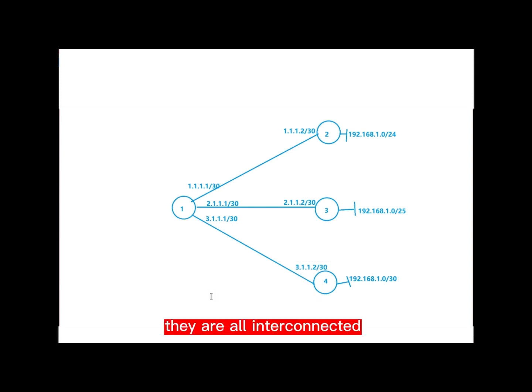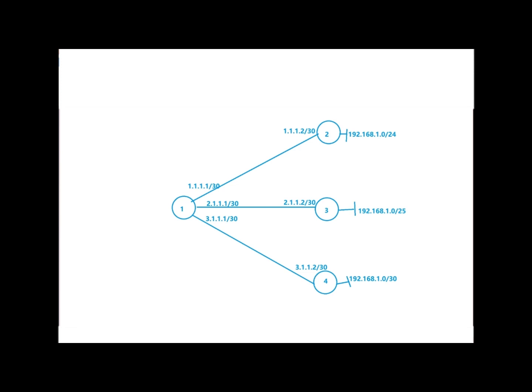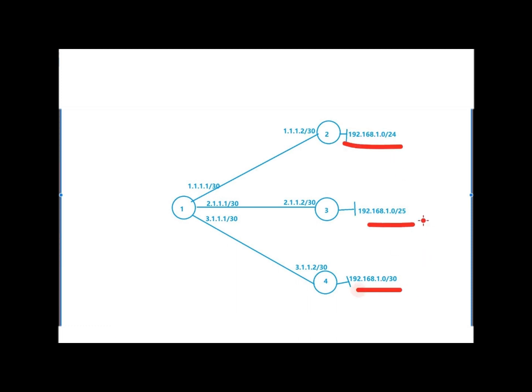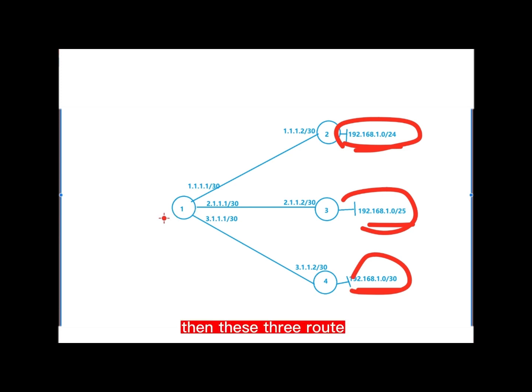They are all interconnected; this is the interconnection address between them. Now, no matter how, in short, I have learned the following routes, whether static or dynamic. Now these routes, one by one, learned from all the equipment, will be added to the table.